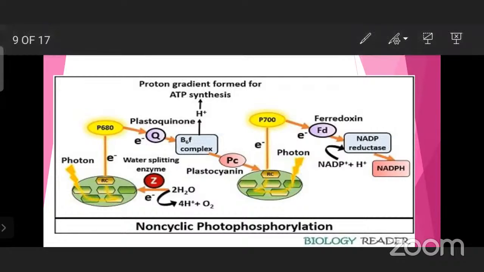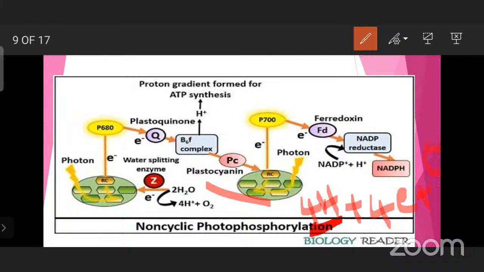That means when the splitting of the water molecule is taking place, 2 molecules of water give 4 protons, 4 electrons, and O2. You can see the 4 protons. Oxygen is liberated out.